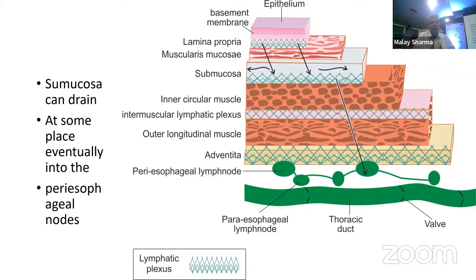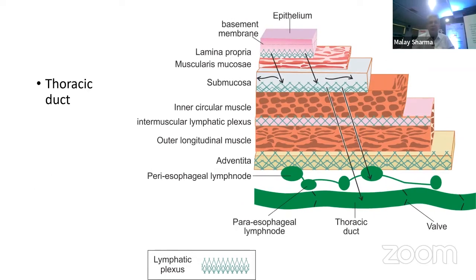The submucosa can drain, but at some places it has to eventually go into periesophageal nodes and then into the thoracic duct. So from the submucosa, lymphatic drainage can go into periesophageal nodes and into the thoracic duct both.